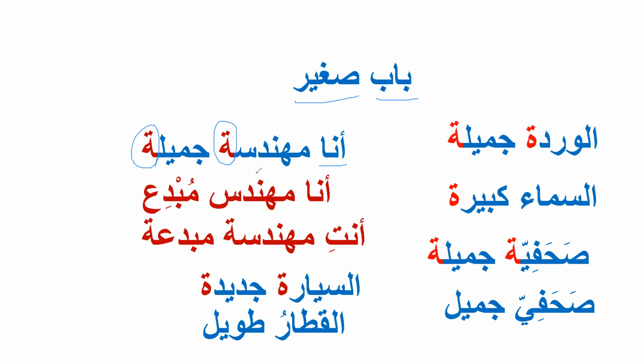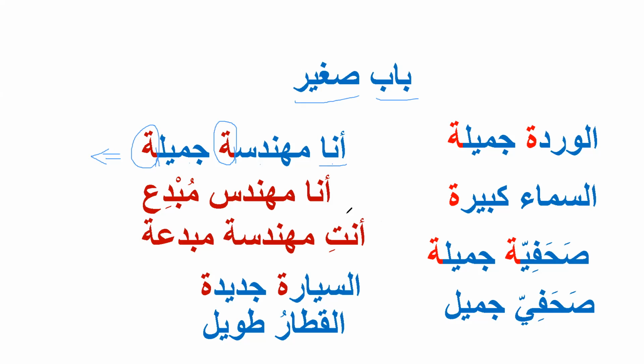When we hear this sentence, it means that the speaker is a female, because she said مهندسة with تاء مربوطة. But if the sentence is أنا مهندس جميل, the meaning will be that the speaker is a male.